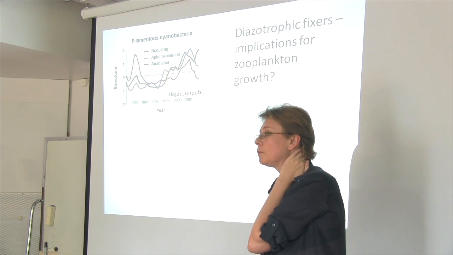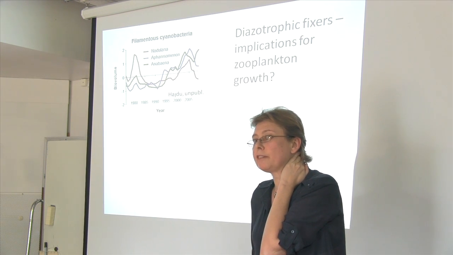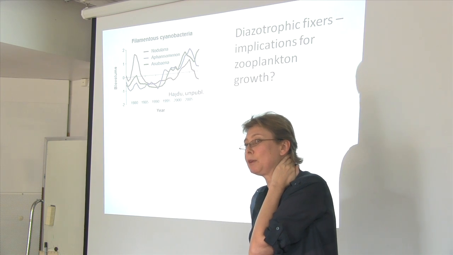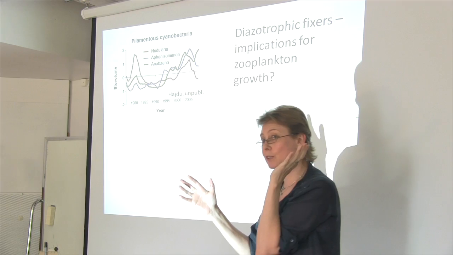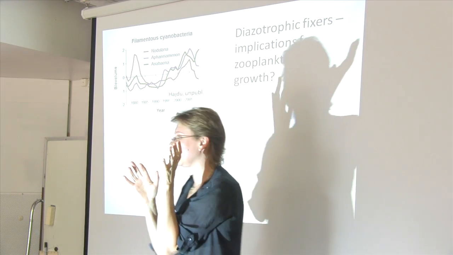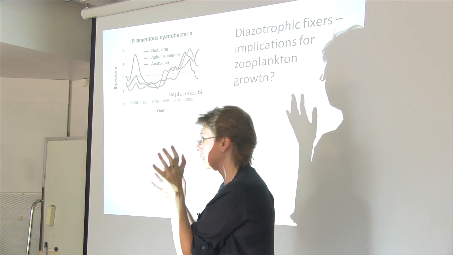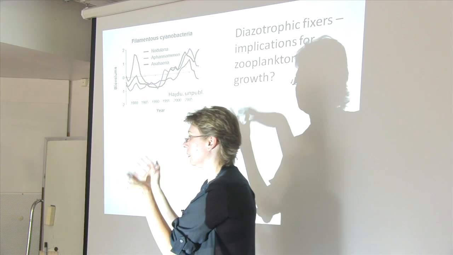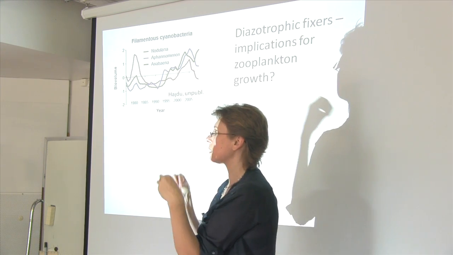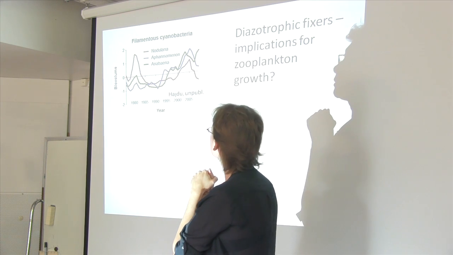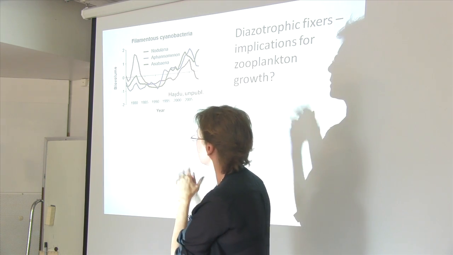Now I will make a case of positive effect of filamentous cyanobacteria blooms on zooplankton stocks, not the stocks, on zooplankton body composition. Transfer of biomass from cyanobacteria to copepods in this case.